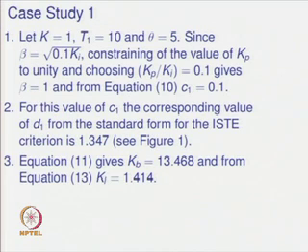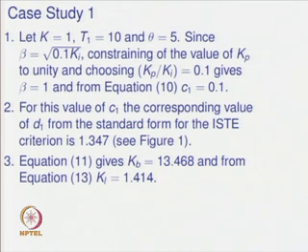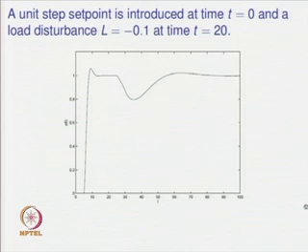Thus, all the three controllers are designed, where the PI controller has the parameters Kp equal to 1, Ki equal to 10, and the second controller GC1 has value 13.468 and GC3 has value 1.414.